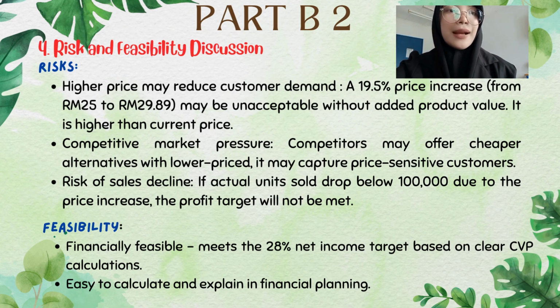The company must consider how the market will respond. Therefore, the strategy should only be used if the company also improves the product or runs a strong marketing campaign to justify the higher price. In summary, while the plan works on paper, it requires careful implementation to succeed in the real world.